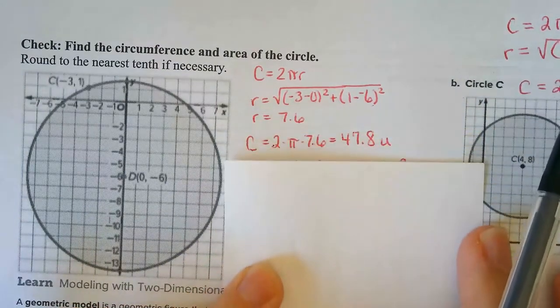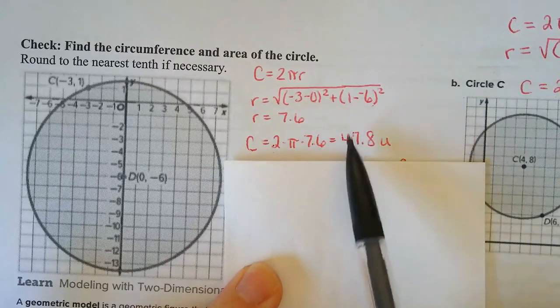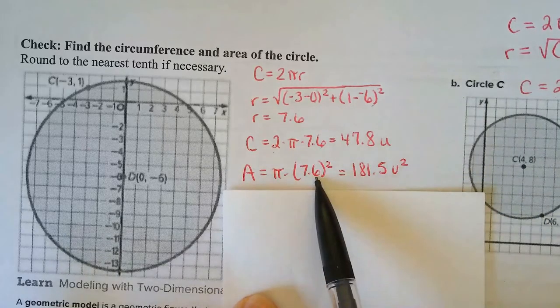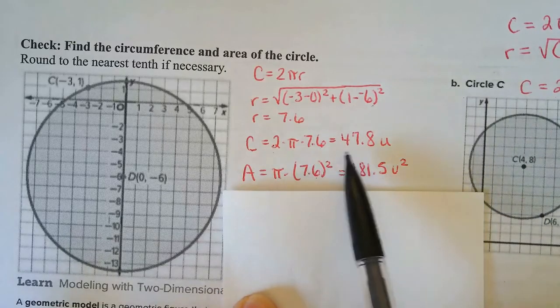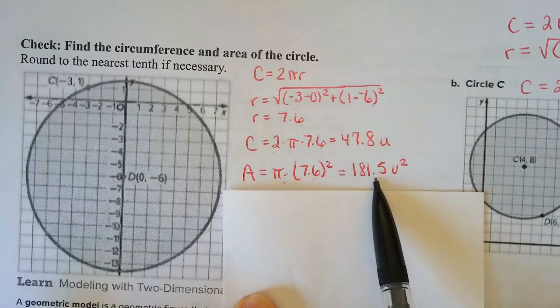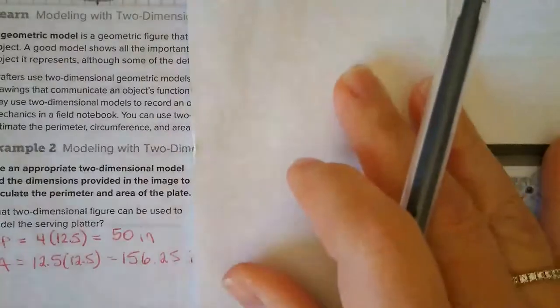Now I can plug them in to find my circumference. So 2 times pi times 7.6 gives me the circumference. The area formula is pi times radius squared. So I'm plugging in my radius that I found. So pi times 7.6 squared, and I get my area.